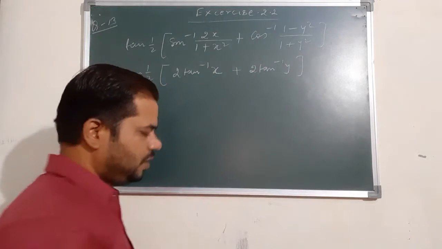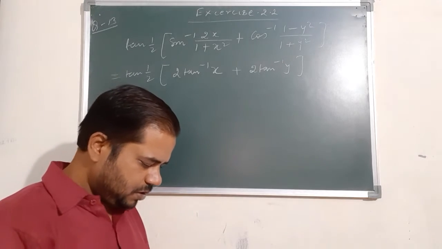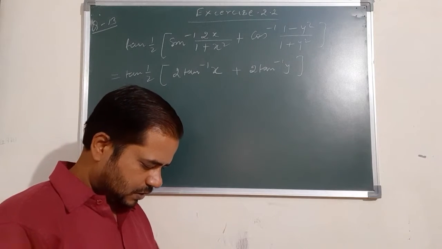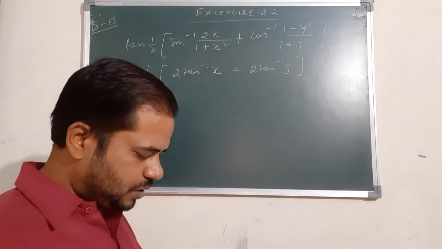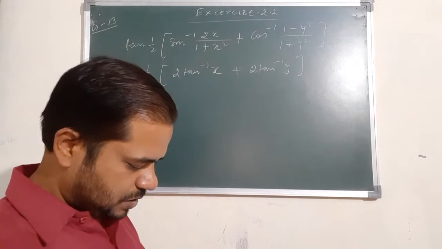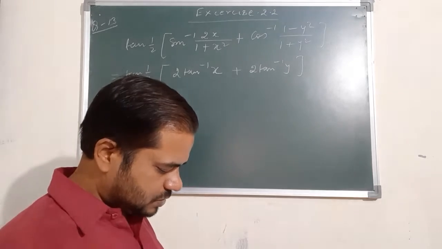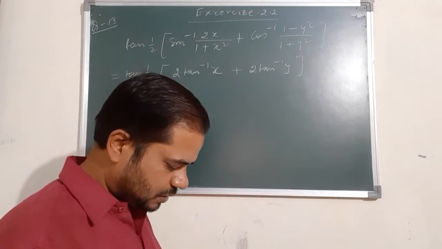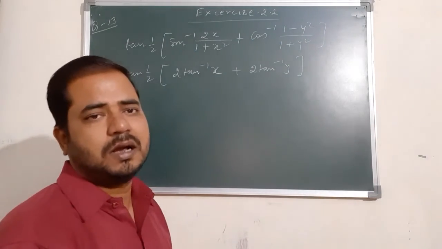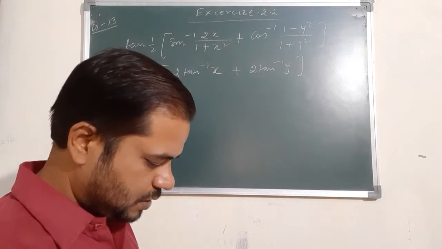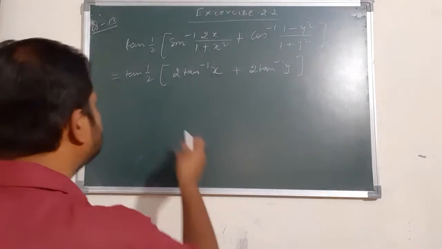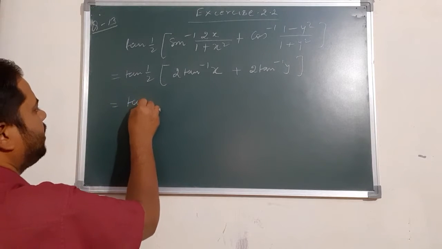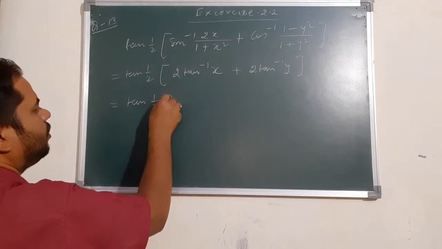If you want, you can see page number 44 in NCERT. 2 tan inverse x is sin inverse 2x upon 1 plus x square, and 2 tan inverse x is also cos inverse of 1 minus x square upon 1 plus x square. This is the formula. So we can write this as tan of 1 by 2, and 2 is common.